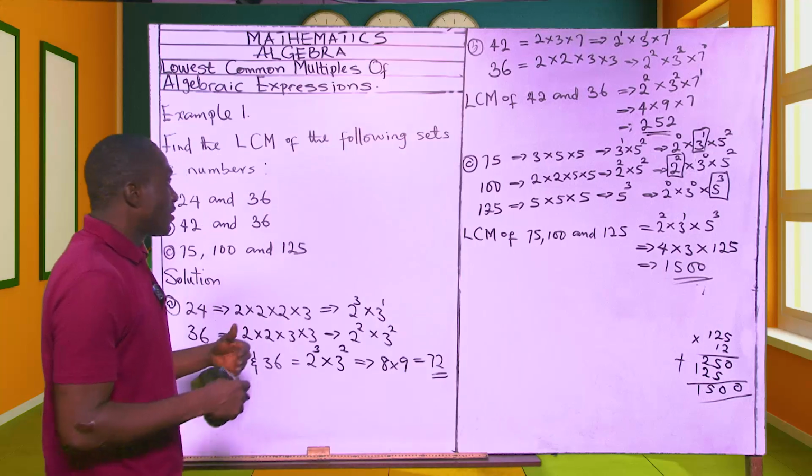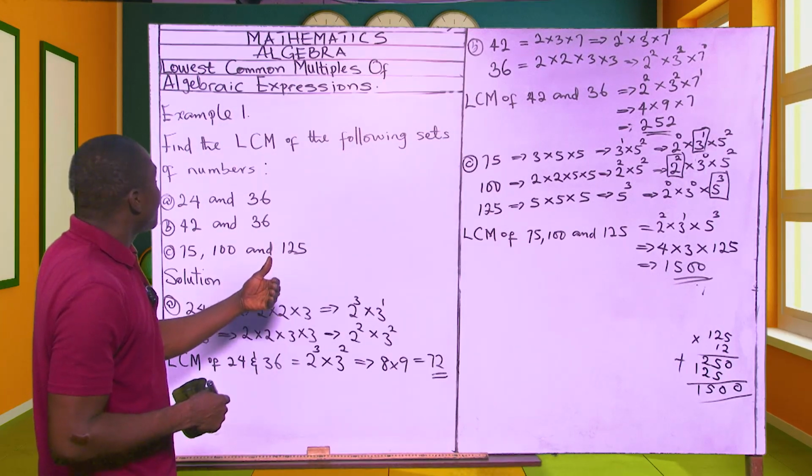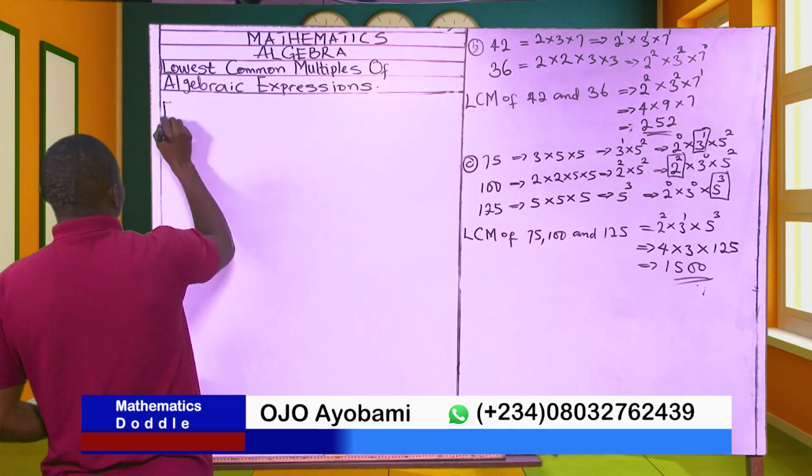Okay, now the next example will be finding the LCM of algebraic expressions. Example 2.